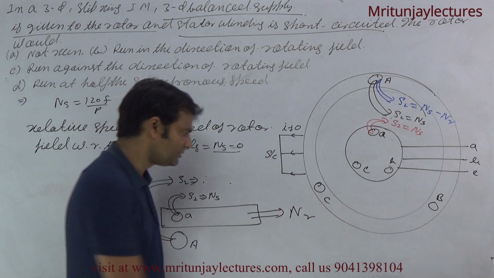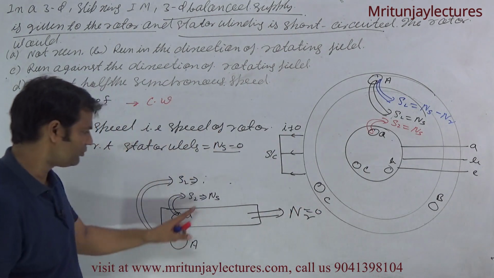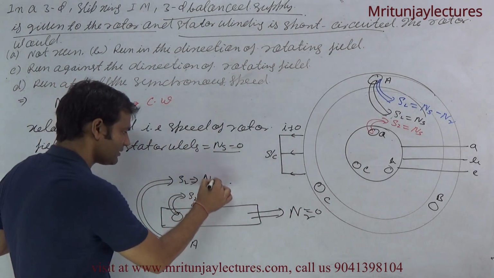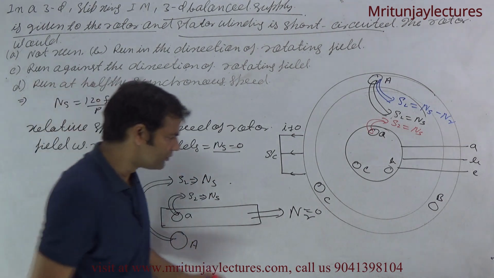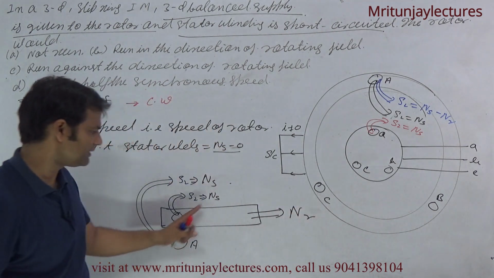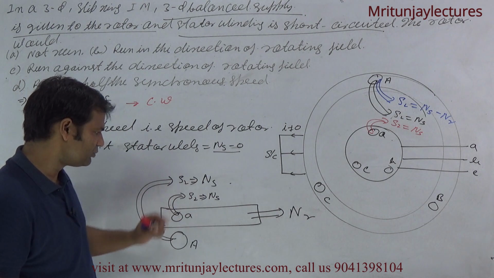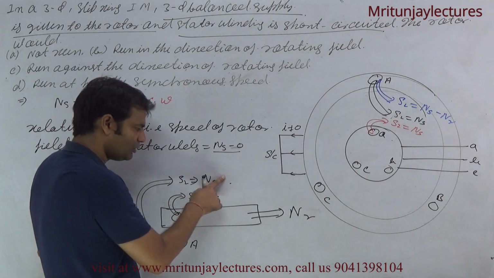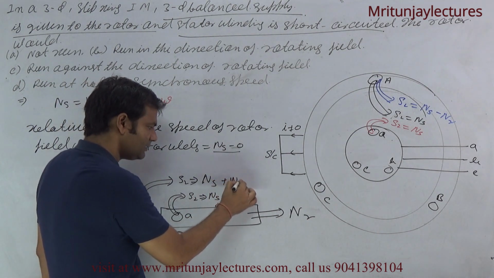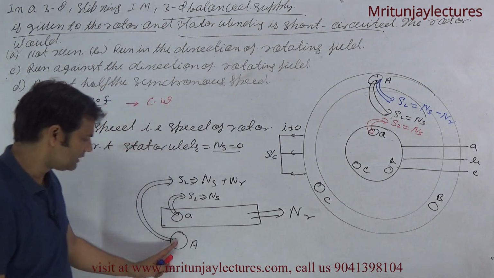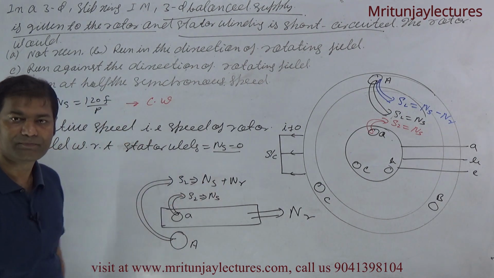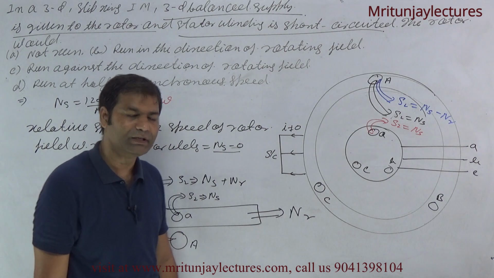If NR is 0, then the boy runs at NS. If the train moves in the direction of the rotor field, the boy goes at NS plus NR in the direction of the rotor field.